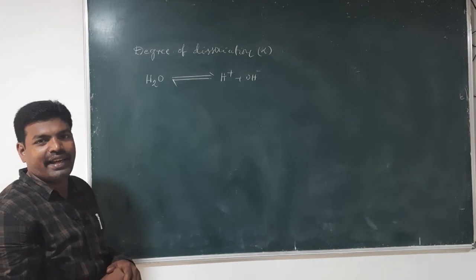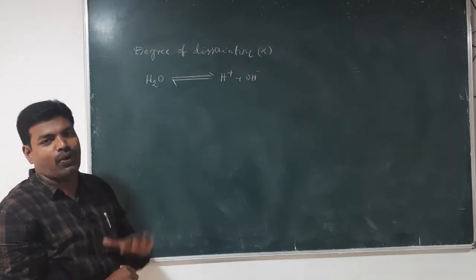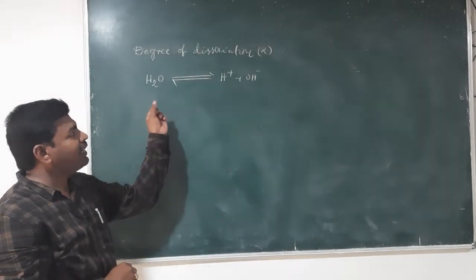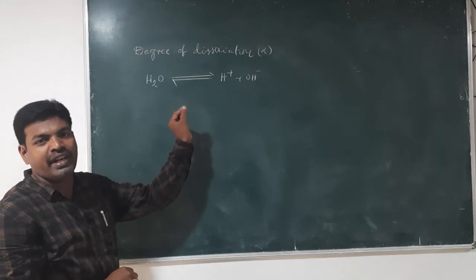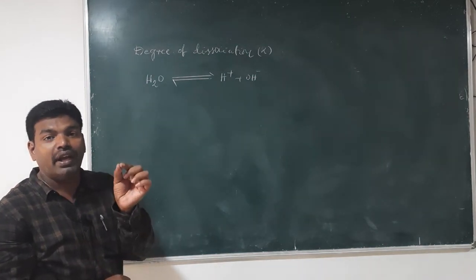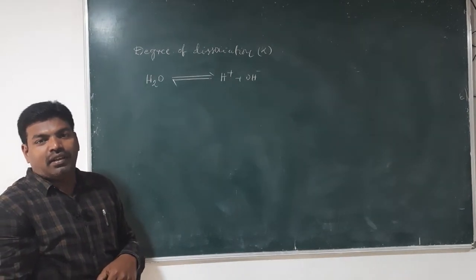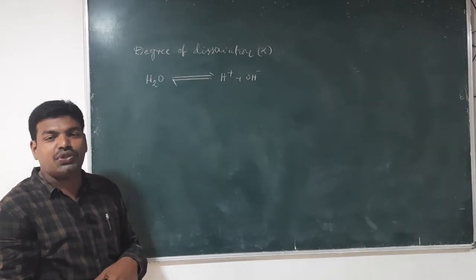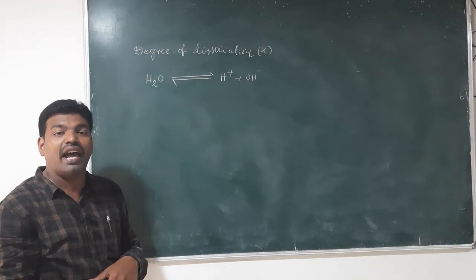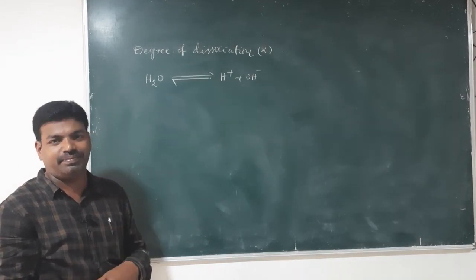What does that double-headed arrow indicate? That double-headed arrow indicates incomplete dissociation, that is partial ionization of water.